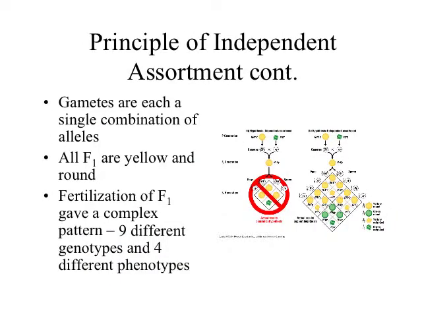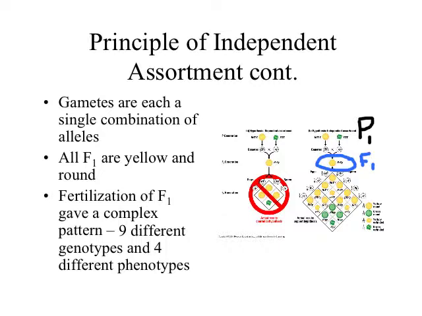Okay, so again, if our parent plant, our P1 generation, is yellow and round, okay, mated with a green and wrinkled, remember those gametes will have single combinations of these alleles. So what he noticed is that in the F1 generation, okay, this guy right here, they were all yellow and round.